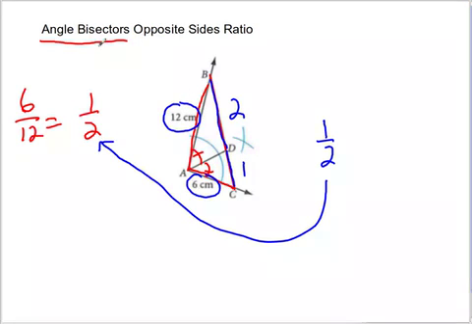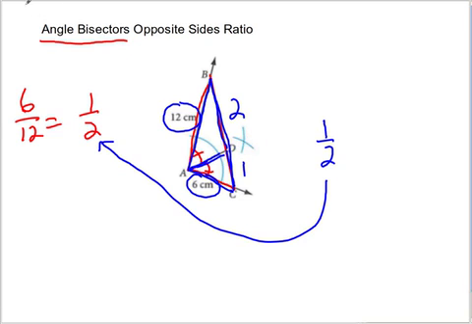So the idea here is that the angle bisector divides the opposite side, which is here, into two parts that are in the same ratio as this side and this side. The two sides that are in between, or that have the angle that's being bisected in between them.